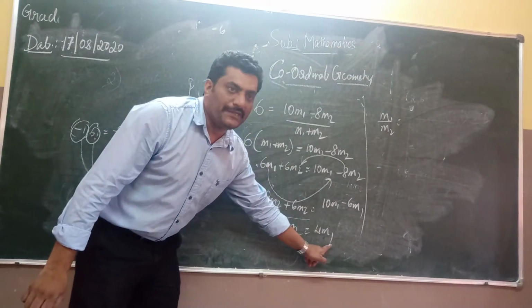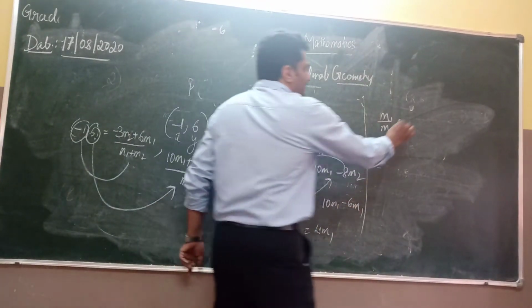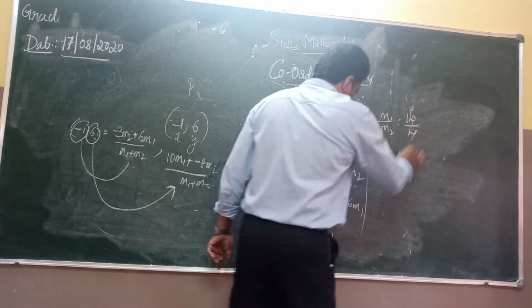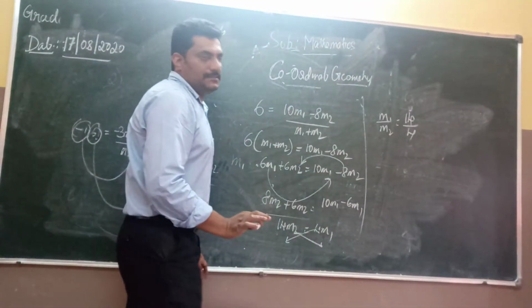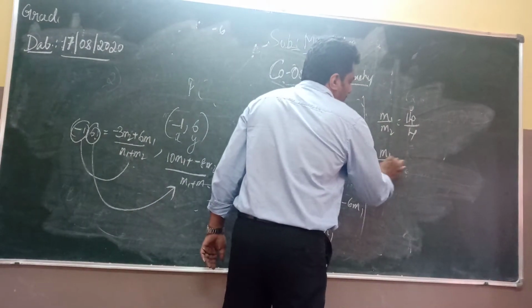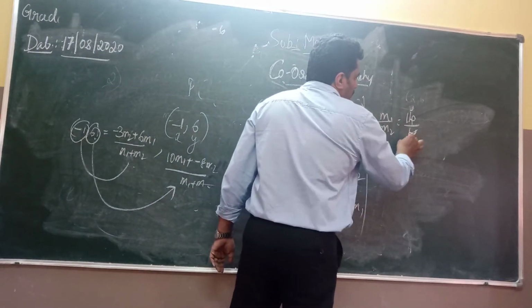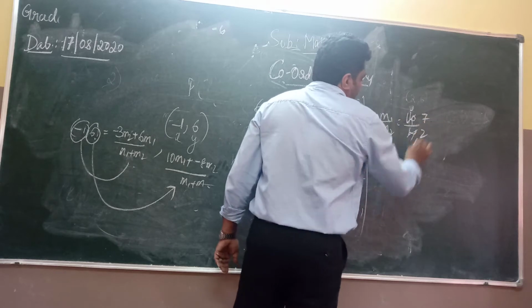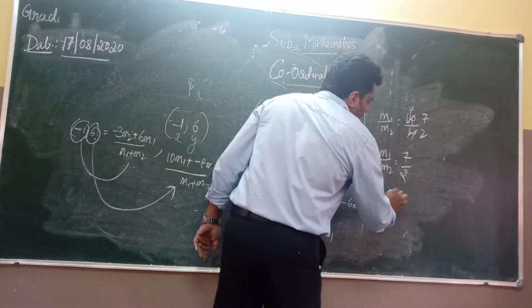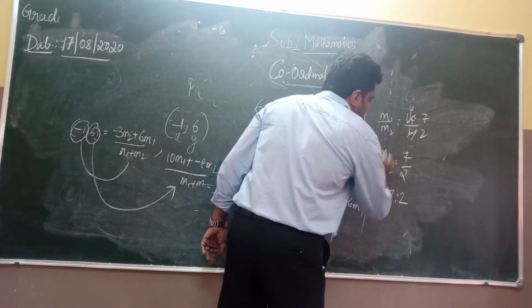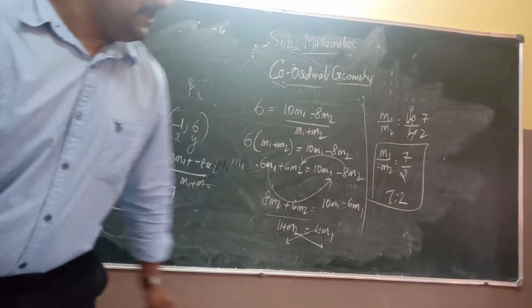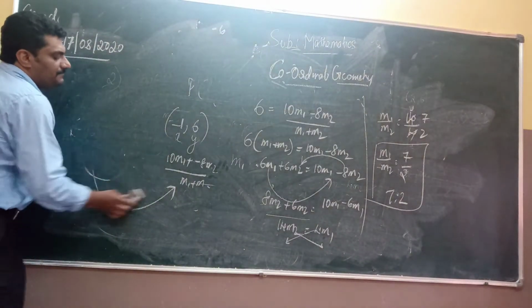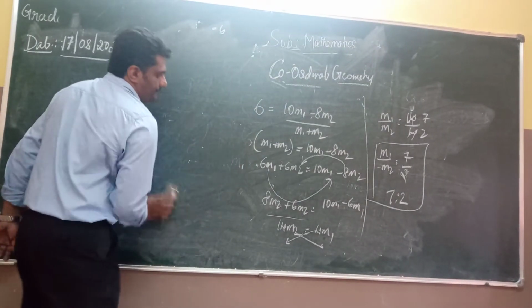Shift this m2 here and 4 here. You will get 4 by 14. Done. m1 by m2 is equal to 2 2s are 2, 7 7s are 7, so 2 by 7. 2 is to 7. This is the ratio. Okay. This is how we compare and do.